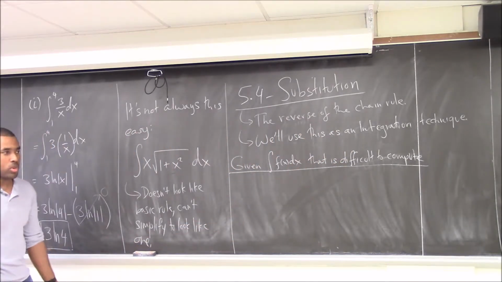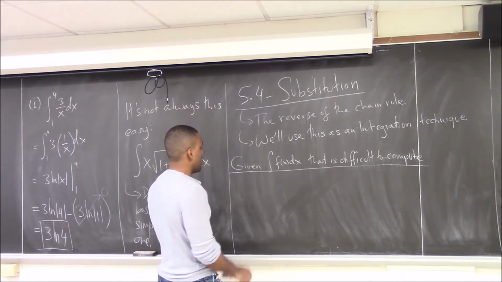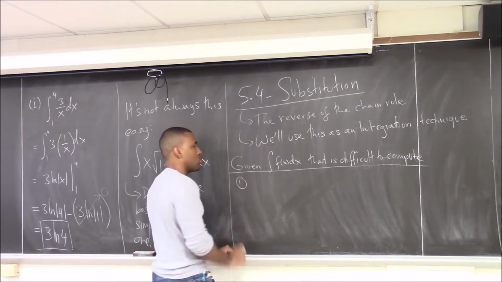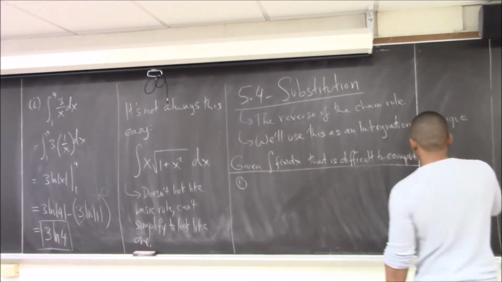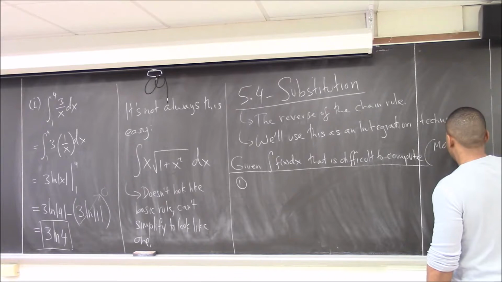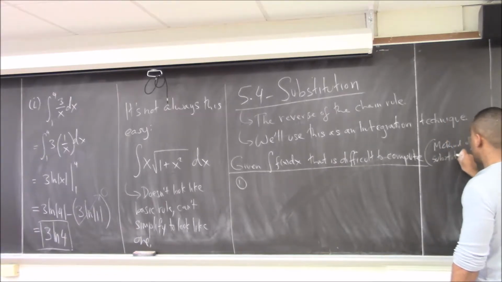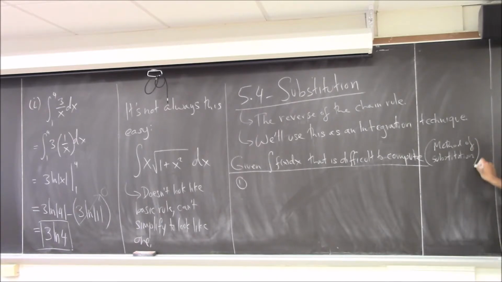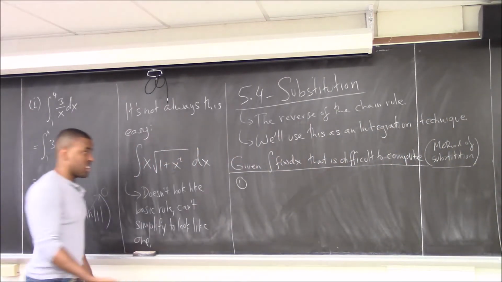I can't just apply one of these formulas that I have a template for. So here's how you can do it, the method of substitution. You always try to simplify first with algebra, but sometimes that doesn't work, as it doesn't work here. And if that doesn't work, here's going to be the method.